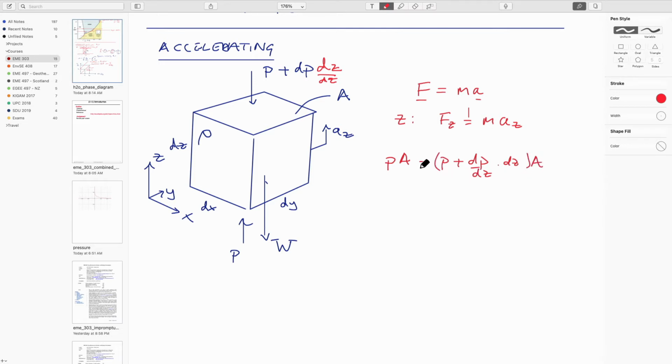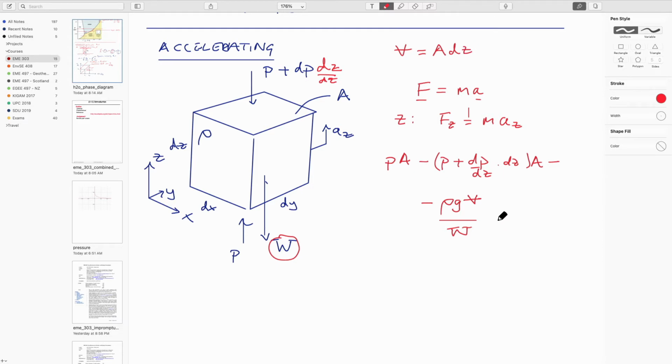times area. So we have acting downwards minus, I'm going to go down here, minus rho g V. This term here is equal to W, right? Rho g times the volume of this. So volume would be equal to area times dz in this particular case, right?